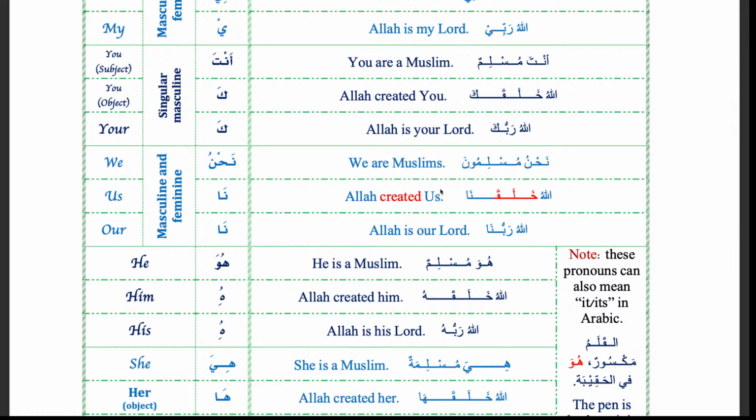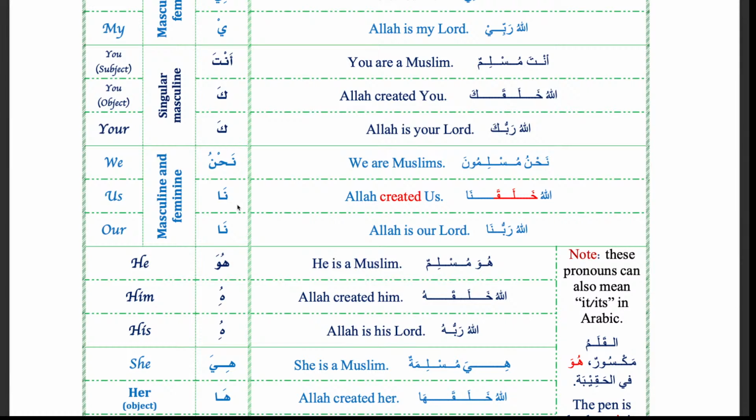Now for English, here you have we, us, and our. Three different words in English, right? But in Arabic, you only have two. One word for the subject and one word for the object or the possessive pronoun. And remember those object, subject, possessive pronoun are based on English comprehension.